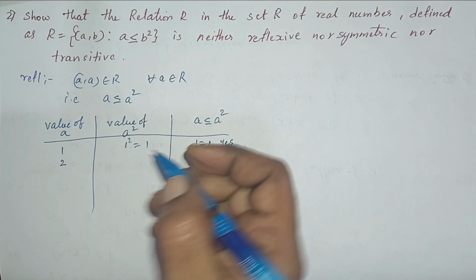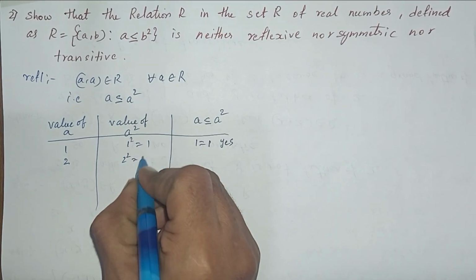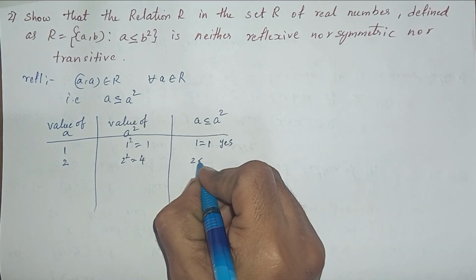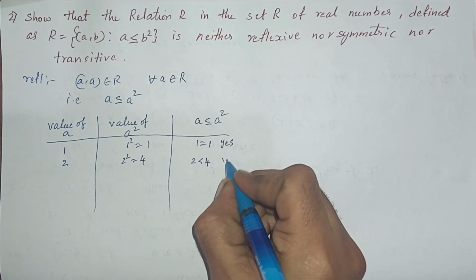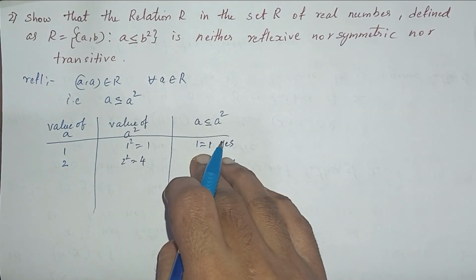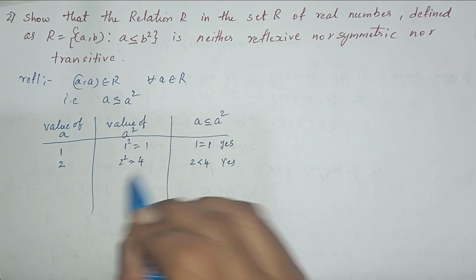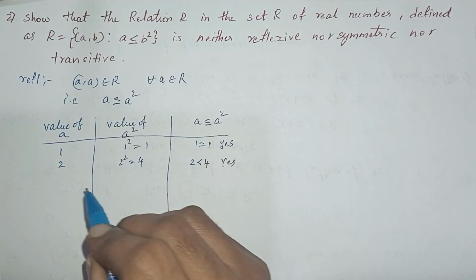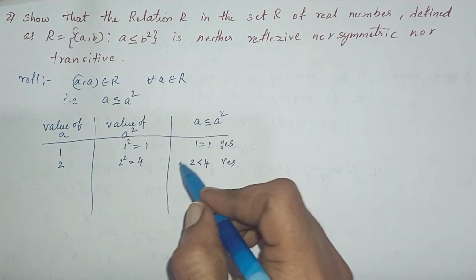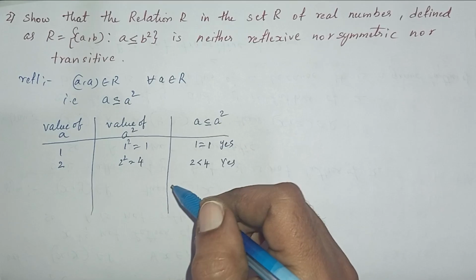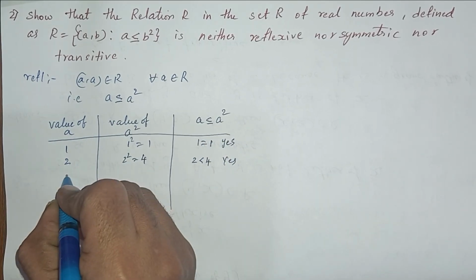Now if we take 2, then 2 squared is nothing but 4, where 2 is less than 4. Yeah, this condition also satisfies. This satisfies only for the whole numbers or for the negative numbers. So let us take some other number which does not satisfy the condition, like a half.